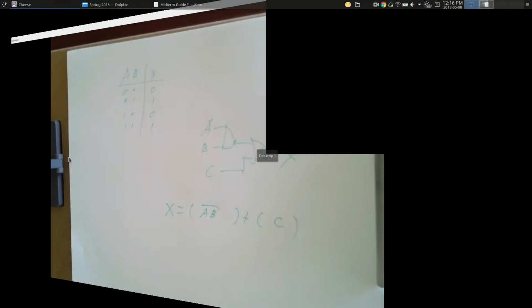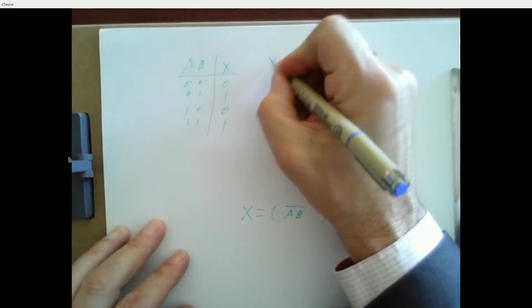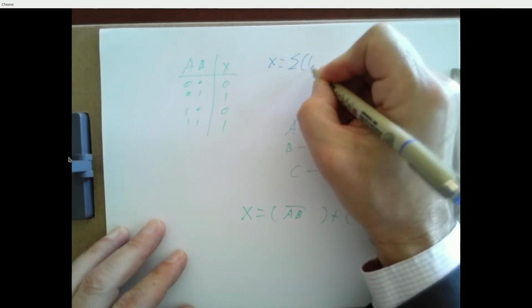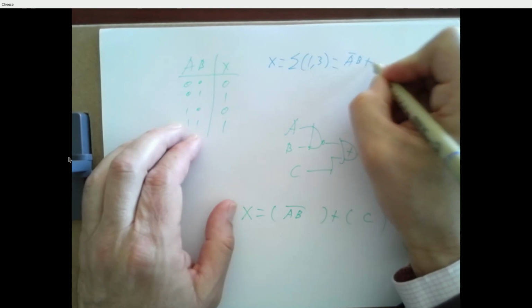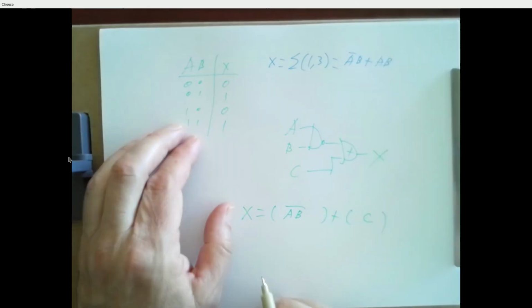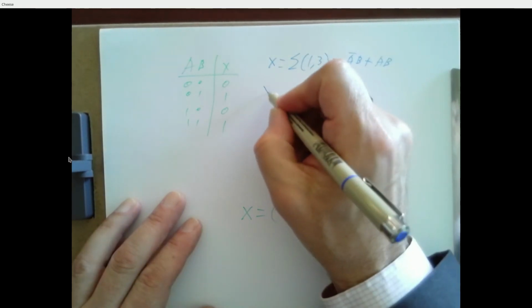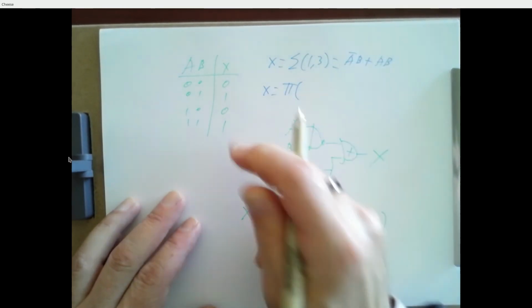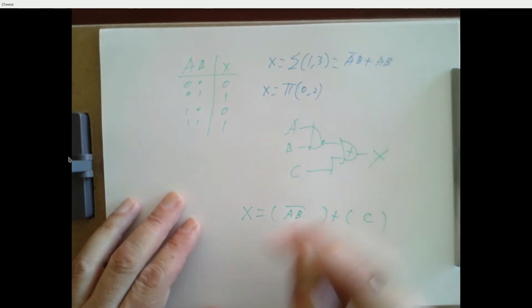But if I wanted to write this truth table using sum of products, I would say x equals sum 1 comma 3, which is A bar B or AB. Right, so I look for the ones and I add those min terms. If I'm writing a product of sums, I look for the zeros and I write those max terms.